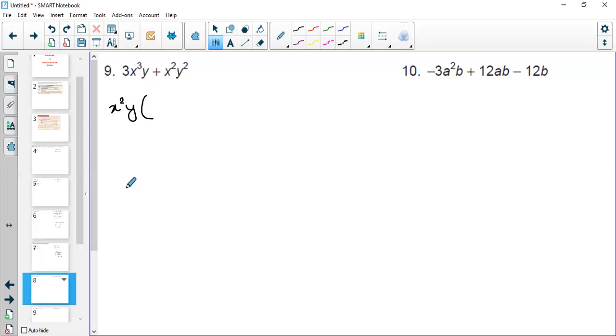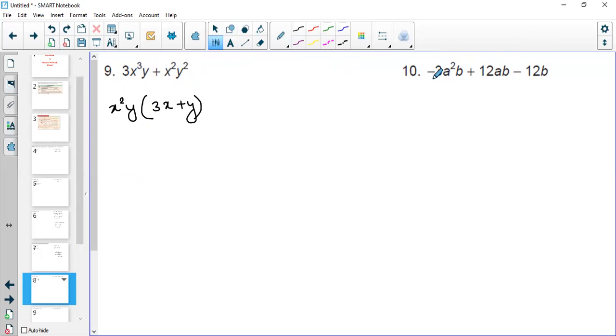Do it and check, you will get the GCF as x squared y. So that leaves you here with 3x plus y. This is the complete factorization. That's all. Find the GCF and factorize it if there are just two terms for a binomial.